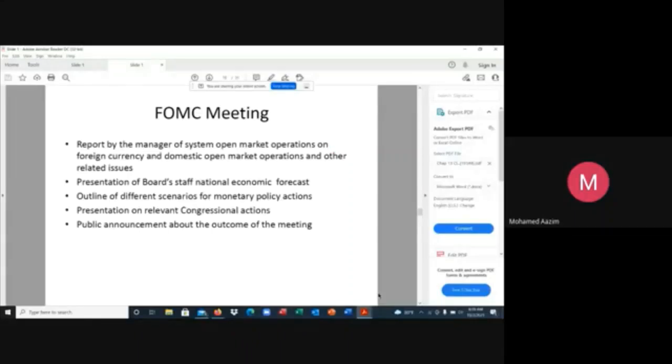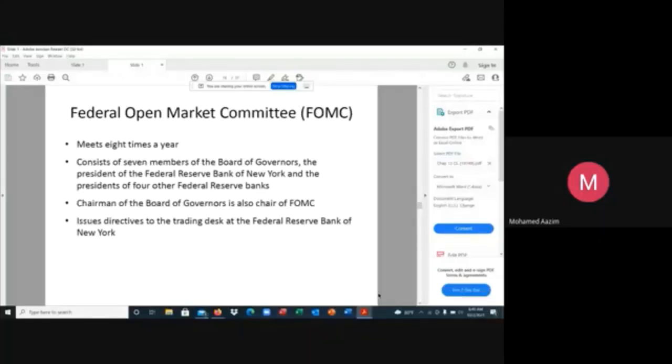Okay, so it's a 12-member body, the FOMC. To say that the Board of Governors are members, the Board of Governors are appointed by the President with the concurrence of the Senate in the US. And the presidents of the respective Fed Reserve Banks, right?